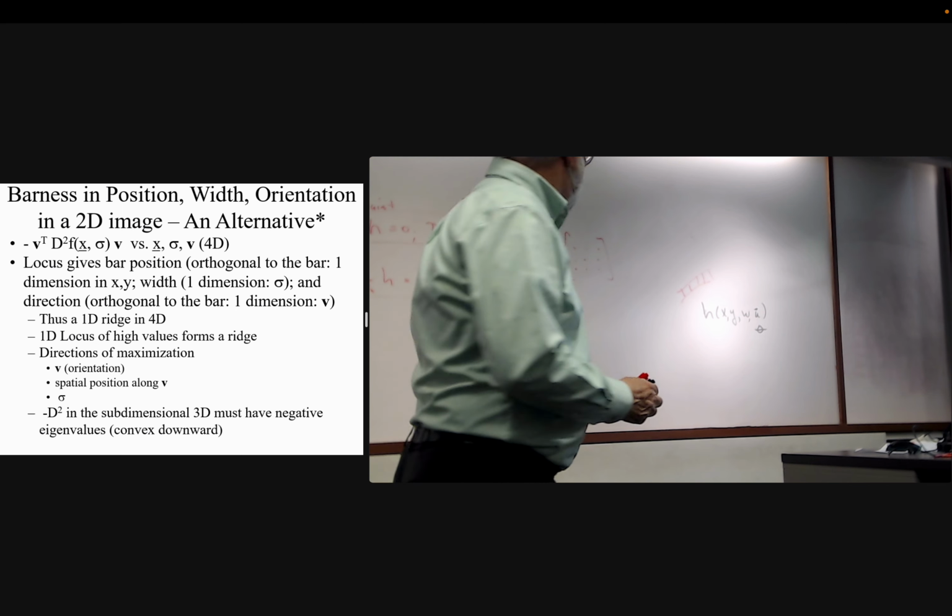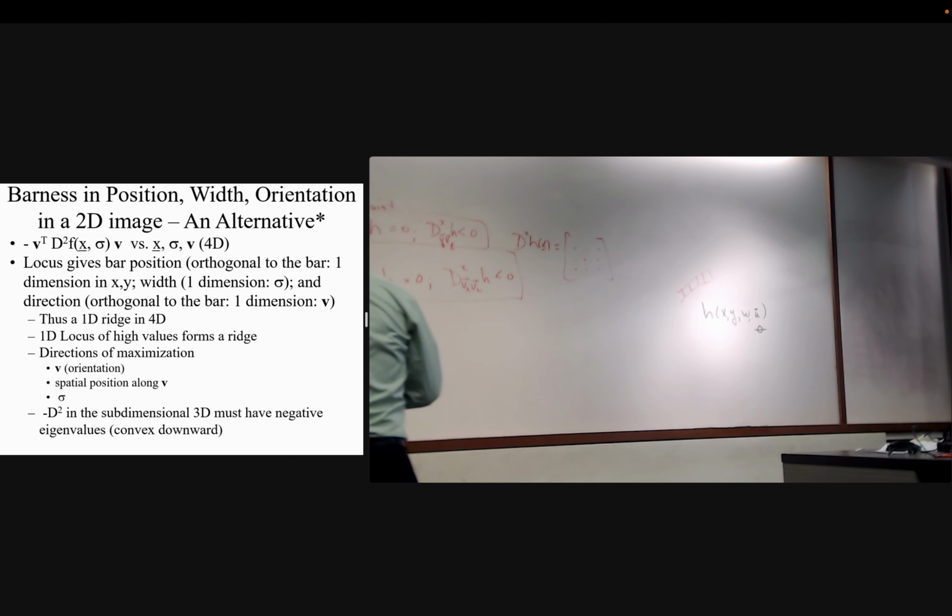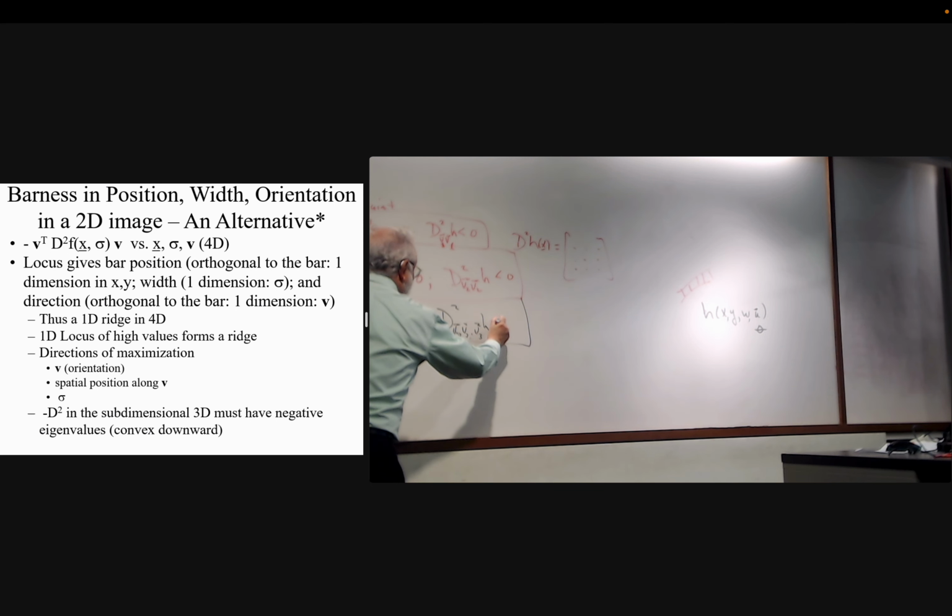You need 3 constraints. So you can play the same game all over again. Add another constraint. D1, V3 of H equals 0. D2 of V3, V3 of H should be less than 0. So we're going to look at the Hessian in 4 dimensions.